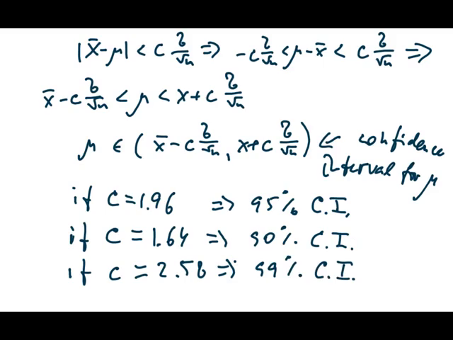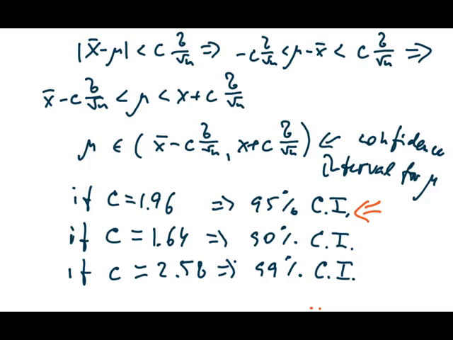And the meaning of this is the following. For example, if we consider this case, we take lots of samples. We take one sample of size n, the next sample of size n, and so on and so forth. For every one of these samples, we find the sample mean, and based on this sample mean, we find this confidence interval, for example a 95% confidence interval.